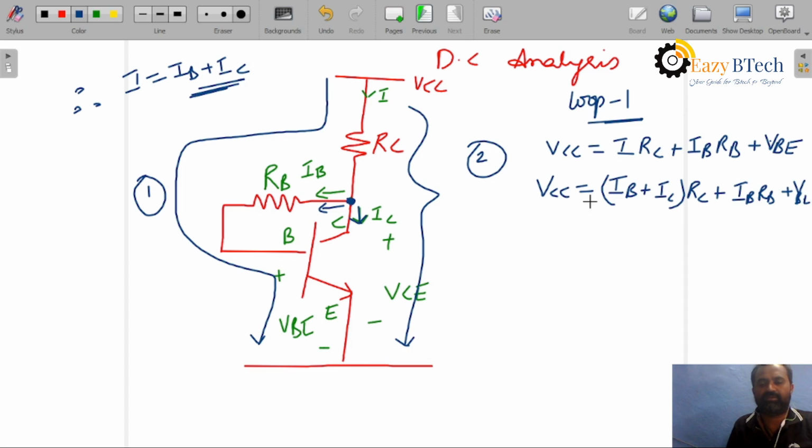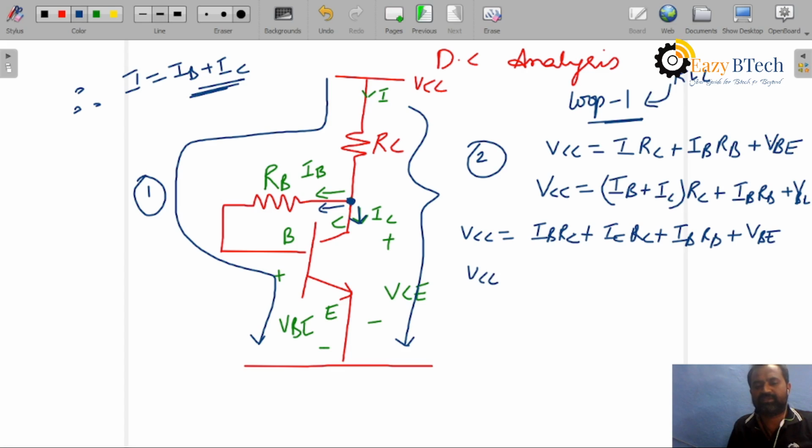Okay students, from this we will write VCC is equal to IB RC plus IC RC plus IB RB plus VBE. I hope you understood this, students, very clear, by applying KVL across loop 1.